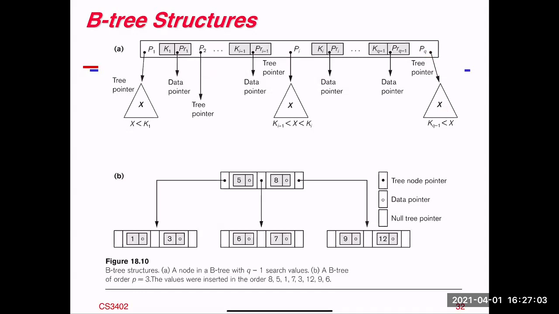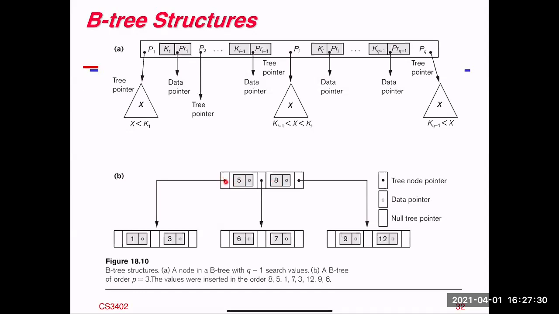And down here we have a concrete instance of such a B tree node with some concrete values. So here the order of the tree is 3, right? So we have at most 3 tree pointers. And in fact, the root here has exactly 3. Okay, and you can see here the search key values, 5 and 8.